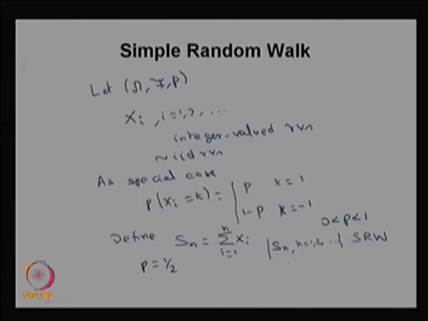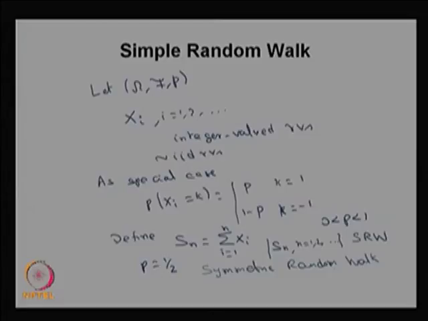That means each Xi random variable takes the value 1 with the probability 1/2 or minus 1 with the probability 1/2, and then that random walk is called a symmetric random walk. Why is it symmetric? Because with the probability 1/2 it takes a forward step, or with the probability 1/2 it takes a backward step. Therefore, that type of random walk is called a symmetric random walk.